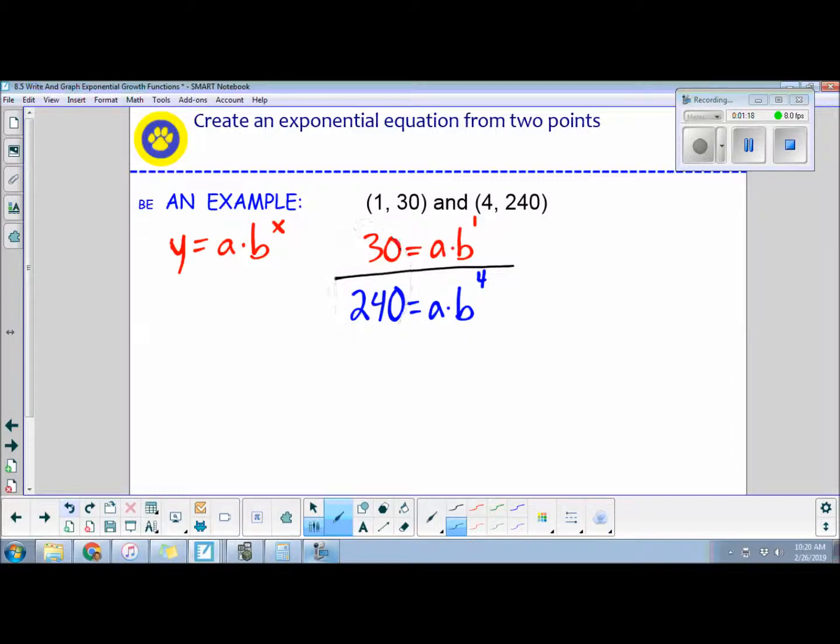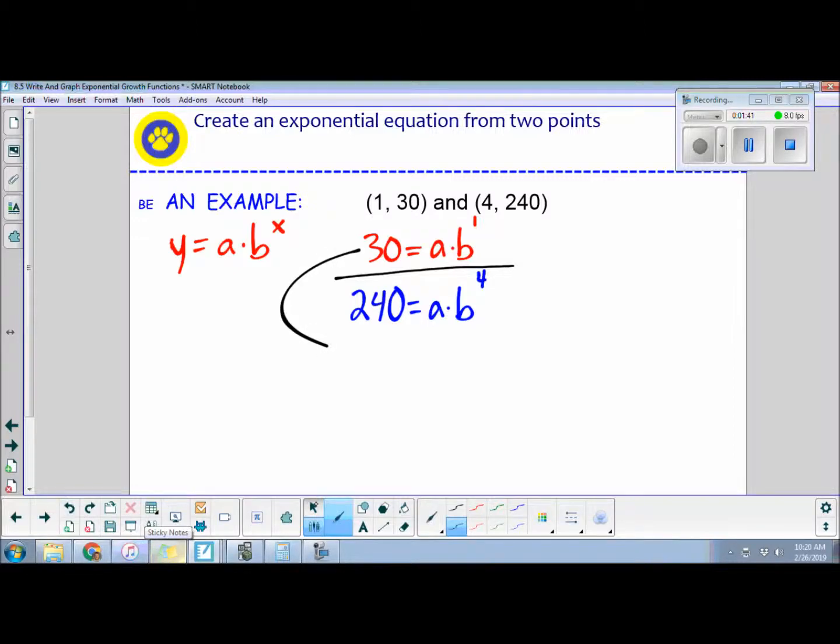So there's a simple thing that you can do, and that is just write these two equations in a different order. I always like putting the bigger exponent on top. This is just going to help me simplify the b values, which is what I'm trying to solve right now. So I'm simply going to take this red equation and bring it down here.